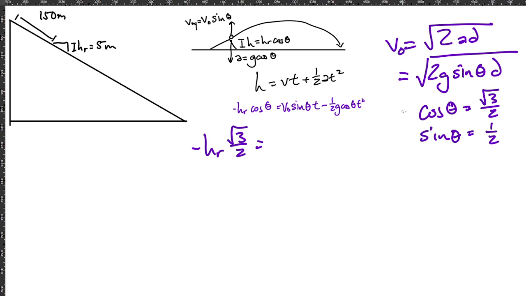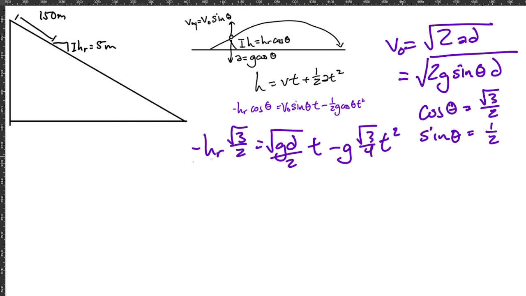Sine theta is going to be 1 over 2, so these cancel off. So we can say this is GD divided by 2 times t. So we can just write GD divided by 2 times t minus cosine theta is square root of 3 over 2, which means that this is now g square root of 3 over 4 t squared.